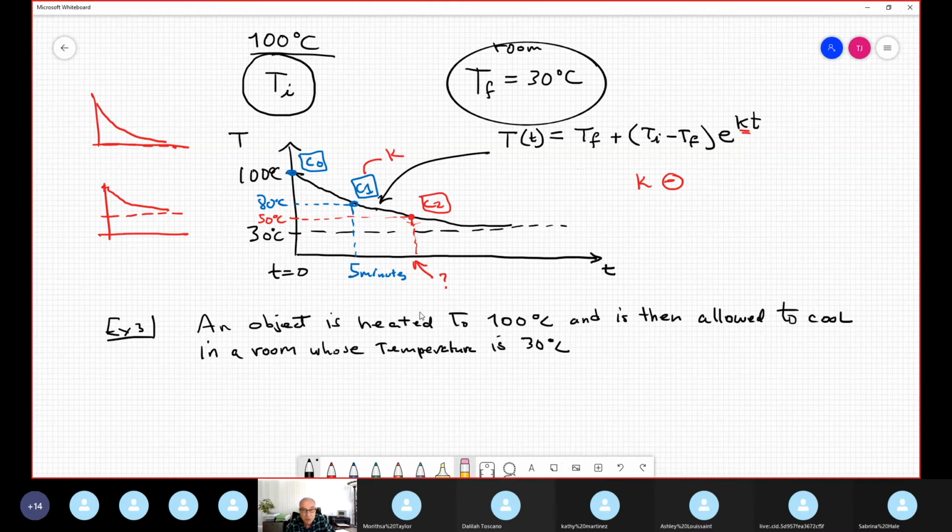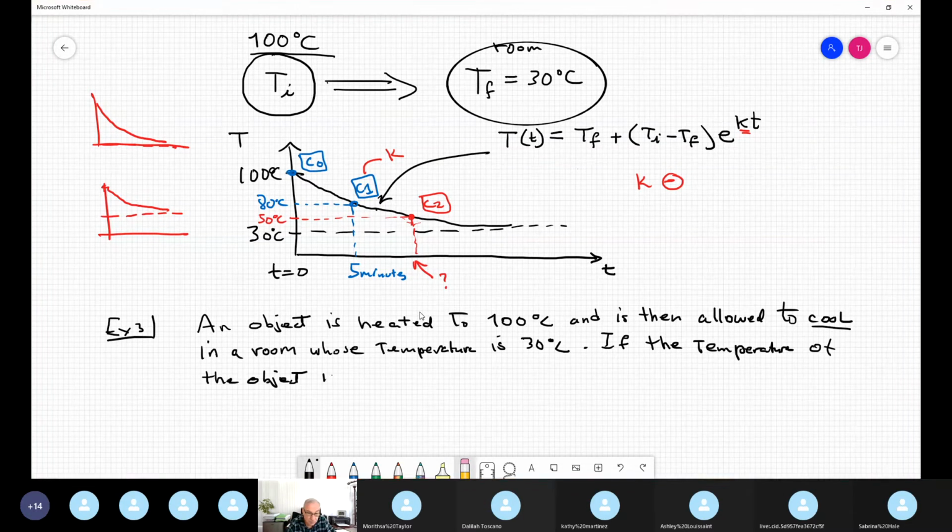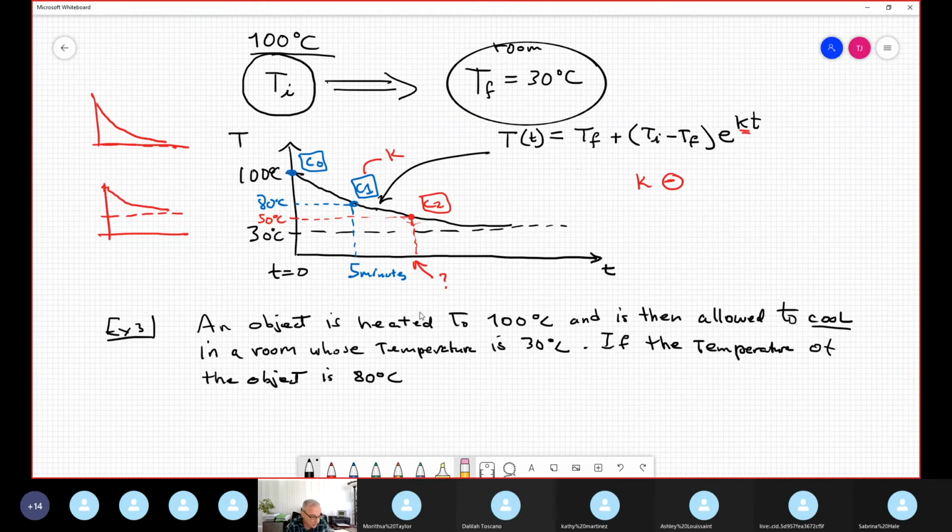Look, it's obvious that the heat is transferred from the object to the room, and that allows the object to cool. Now, if the temperature of the object is 80 Celsius degrees after 5 minutes.